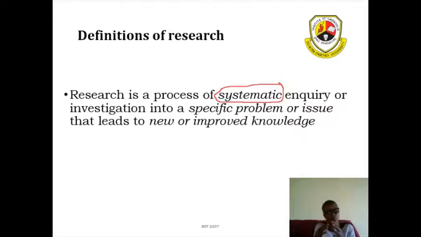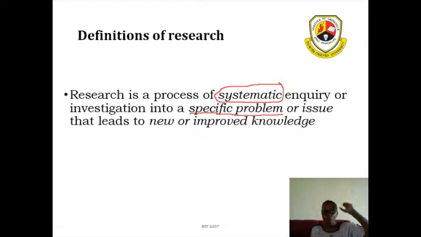So also when we use the word systematic, that is what we are trying to emphasize, that there are certain predefined processes, or predefined rules and regulations, that we must follow for us to say we are doing research. Now, this predefined process of systematic inquiry is there to investigate a specific problem. Now, we've come back to the word problem.